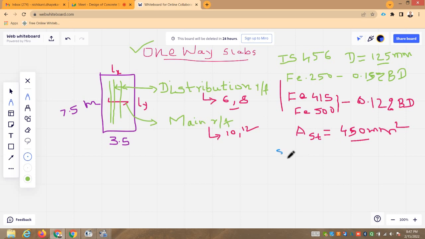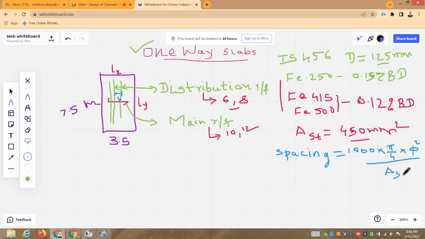So the formula which you will use to calculate the spacing of reinforcement or spacing of bars: the distance between two bars is known as spacing, S, which is equal to 1000 into pi by 4 into d square, where d, or I am abbreviating it by phi, means the diameter of the bar, upon AST.